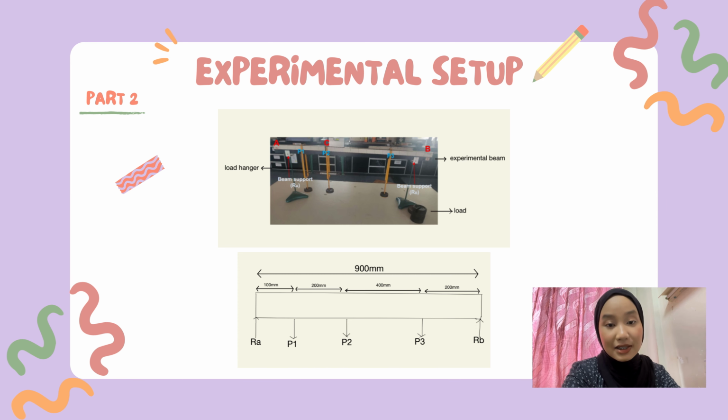In part 1 we adjusted the distance between P2 and P3 to only 300, but for part 2 we adjust it to 400 millimeter, and P1 is still the same, 200 millimeter. So this is the only difference between part 1 and part 2. We will continue to methodology.